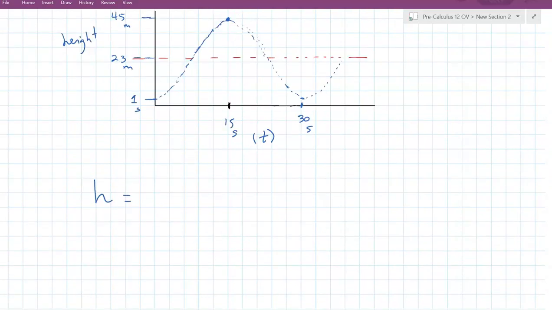The amplitude will be the same, the period will be the same. The only thing is that the phase shift is going to change by a quarter of the shift for the cosine so that you can get sine, and then plus 23.